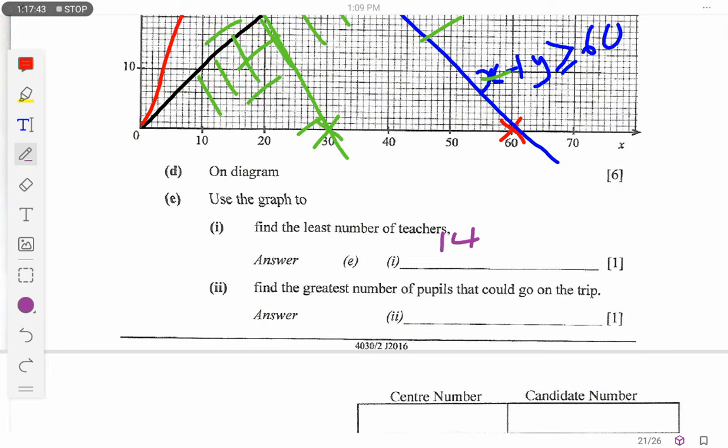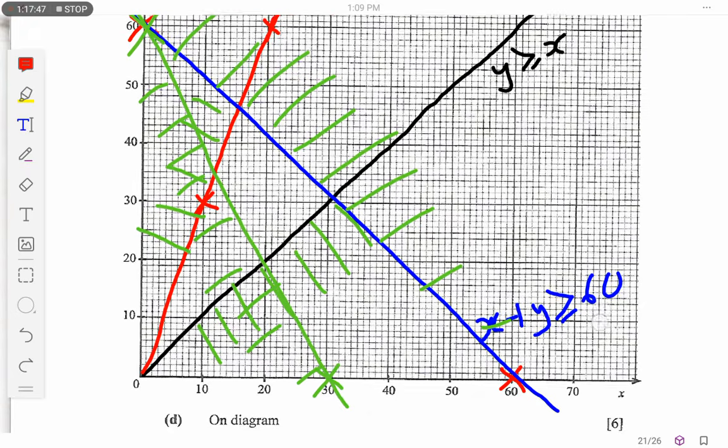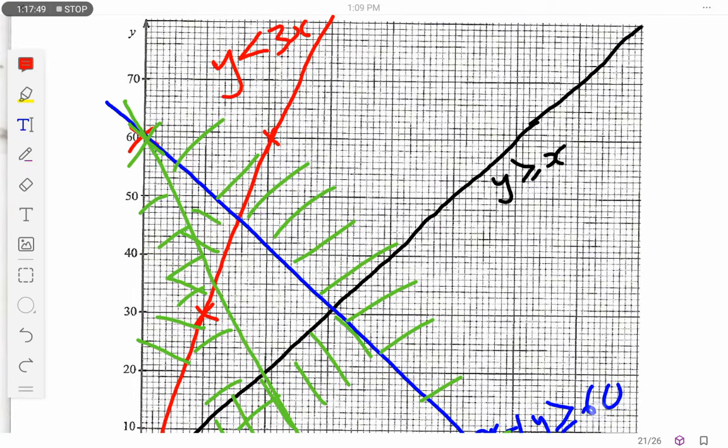Then the greatest number of people that could go on the trip. This was supposed to be a broken line because it was less than there, not equal to there. This was broken going like this.